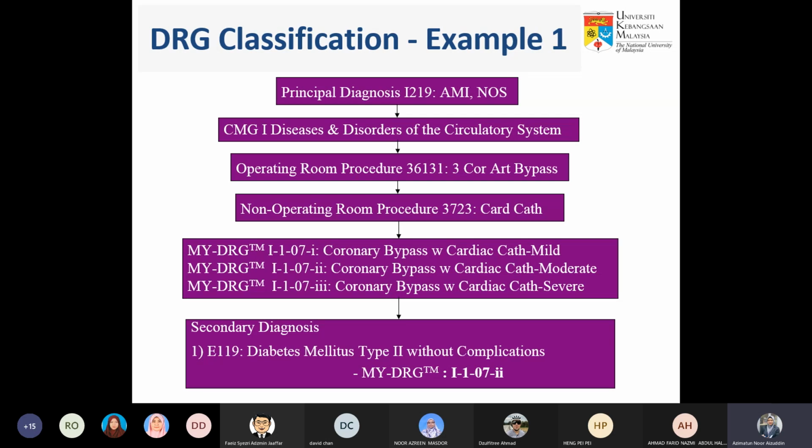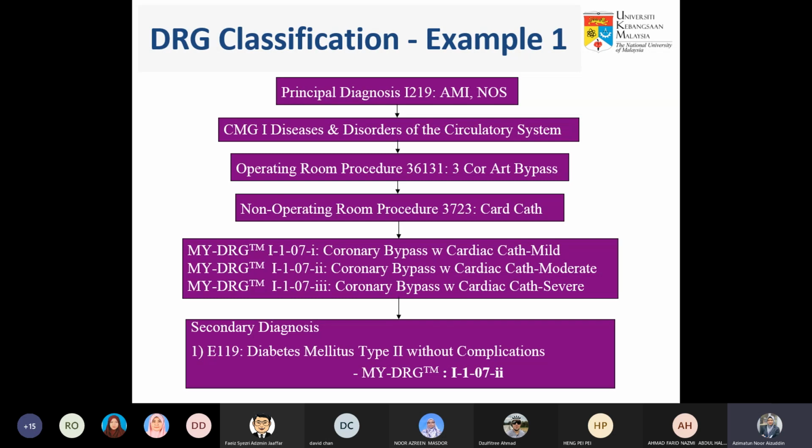Kalau I kecil tu maksudnya severity 1, I2, I kecil tu Roman ya, 2 iaitu with moderate cardiac catheterization. Kemudian kalau severe adalah 3. So kemudian patient mungkin ada secondary diagnosis, contohnya ada diabetik ke, hypertension ke dan sebagainya. So bila kita tengok dia ada diabetik tetapi tidak ada complication of diabetik, so kita categorizekan this patient kepada I1072, moderate lah.